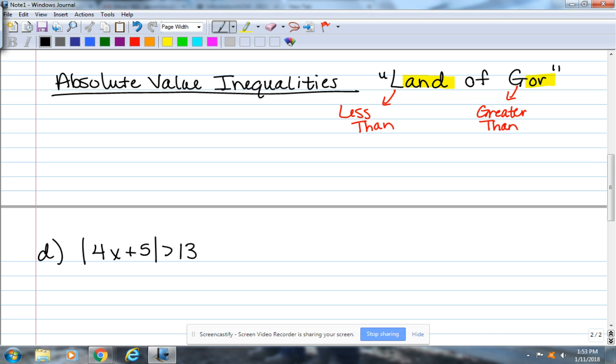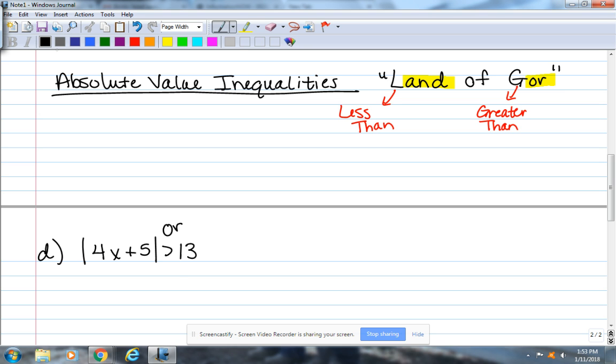Okay? So what symbol is this right here? Greater than, and I just told you a greater than is what kind of problem? It's an or, right? G goes with or to make the word goer. So greater thans are or. So it's an or problem.